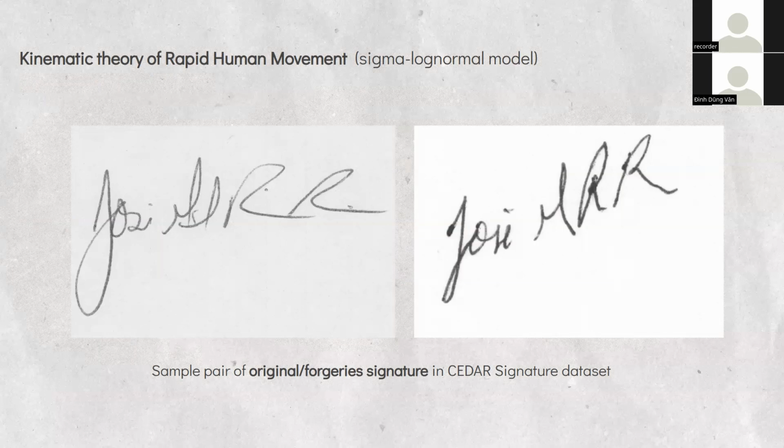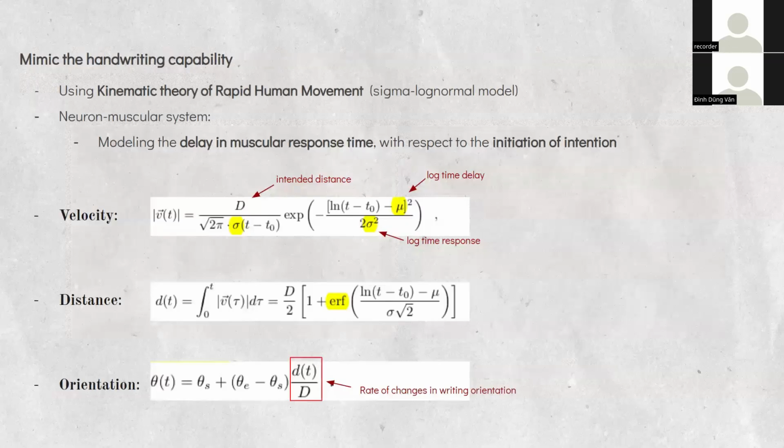Usually, this technique is applied to very difficult tasks such as signature verification, for example, like this one. It basically models the delay of muscle response time with respect to the time of initiation of the intention.